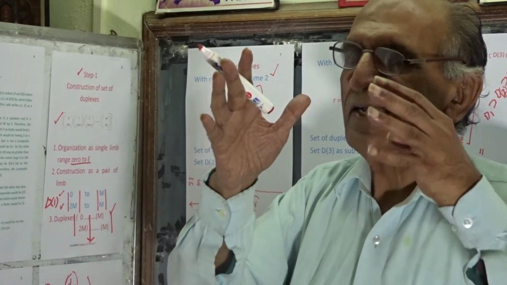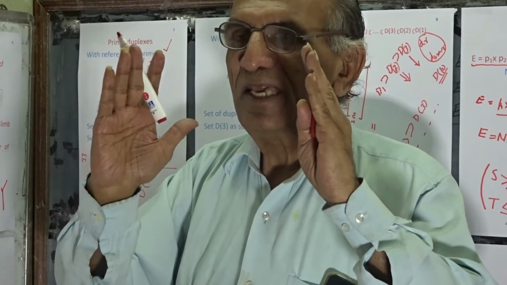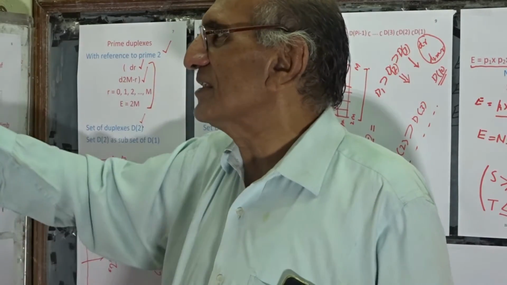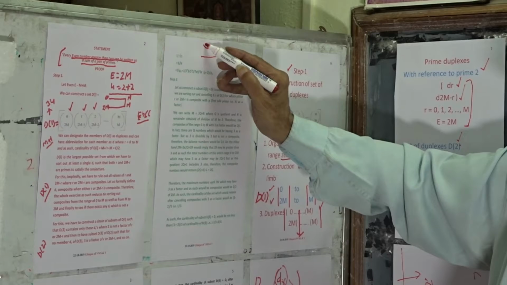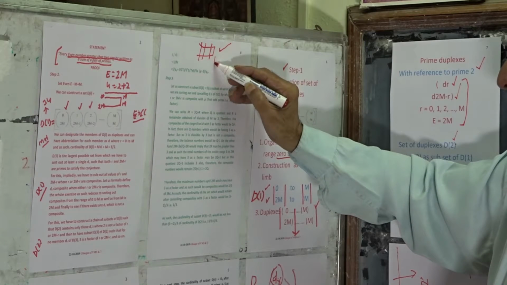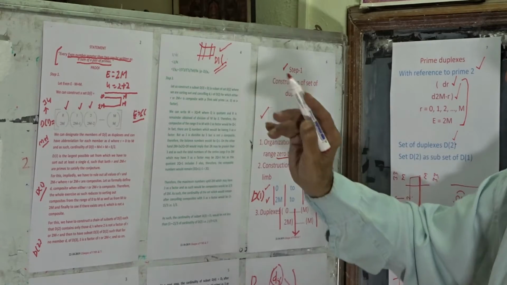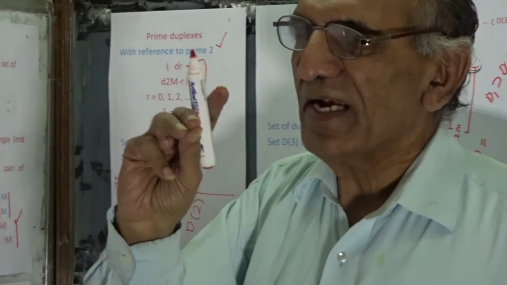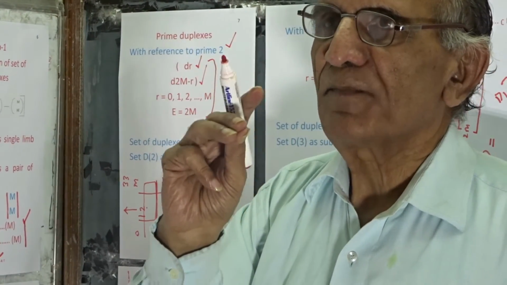This proof helps us have the reorganization for the range of value E as an even, first accepting a construction as a pair of limbs, then having construction of the duplexes, and then having a ruling out for the composite duplexes, to have at least one split for every E as a sum of primes.